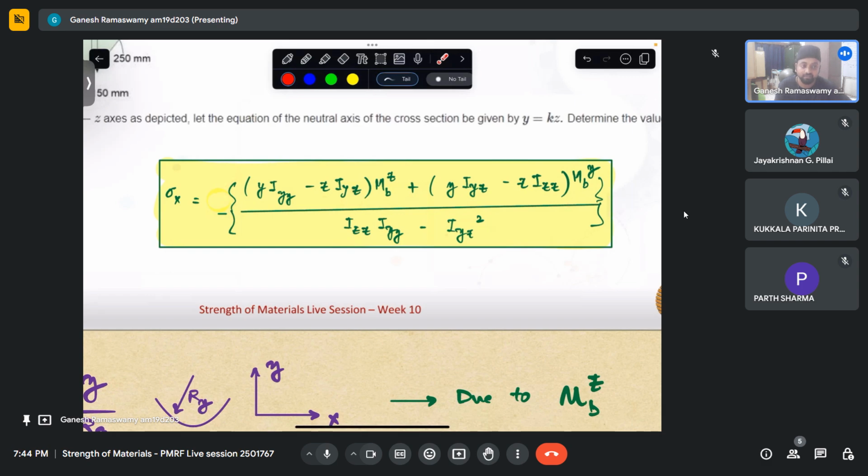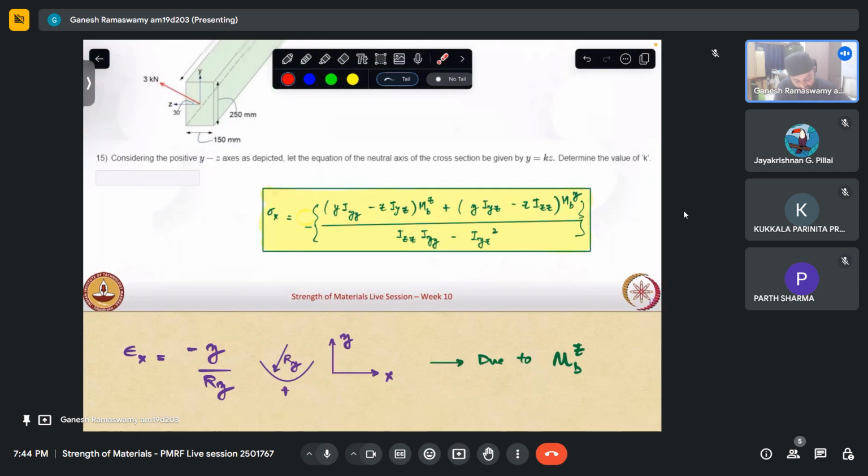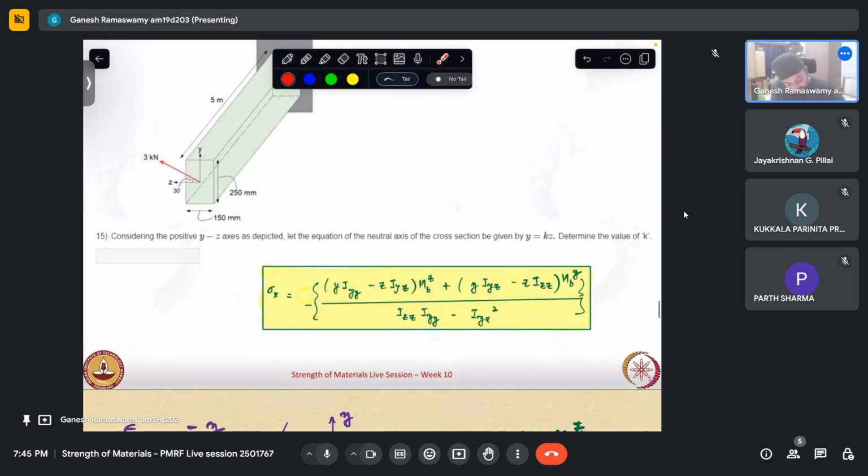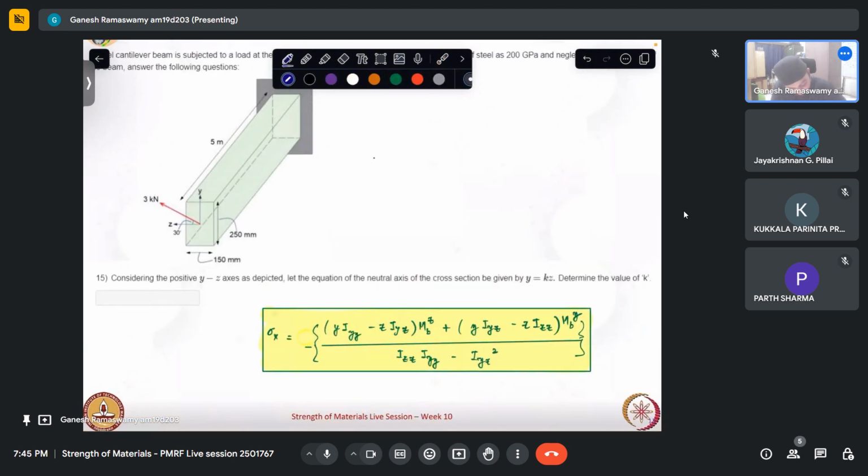Now for the question in hand, it simplifies further because for a rectangular section, IYZ is equal to 0. So therefore we can knock off many terms here.